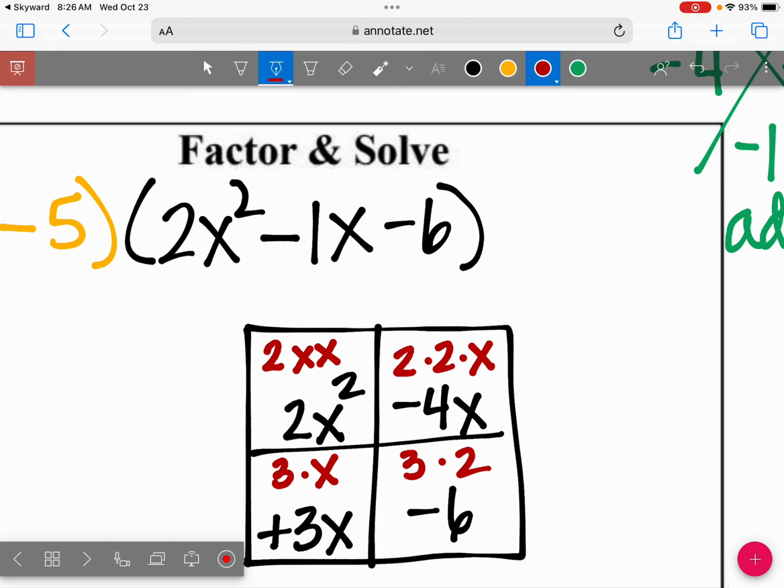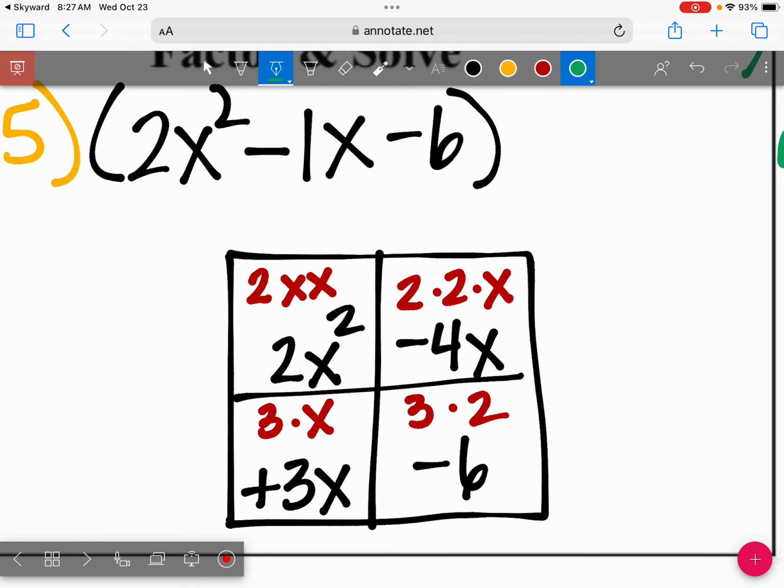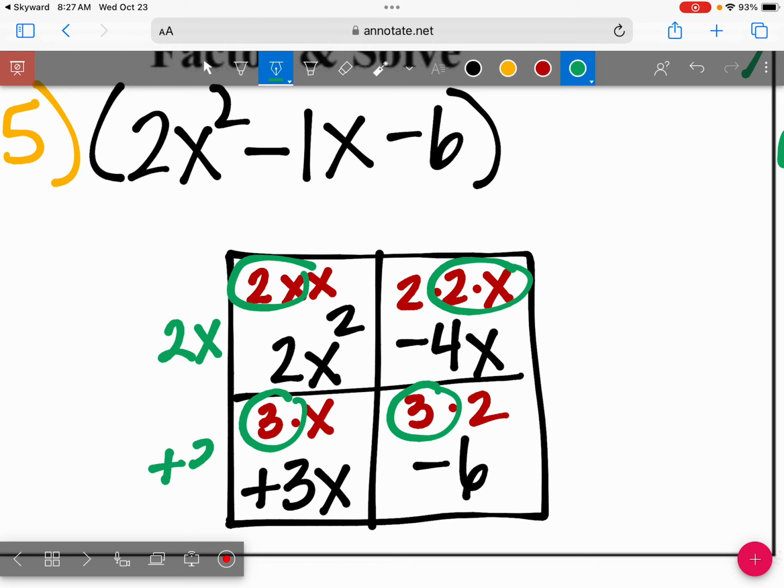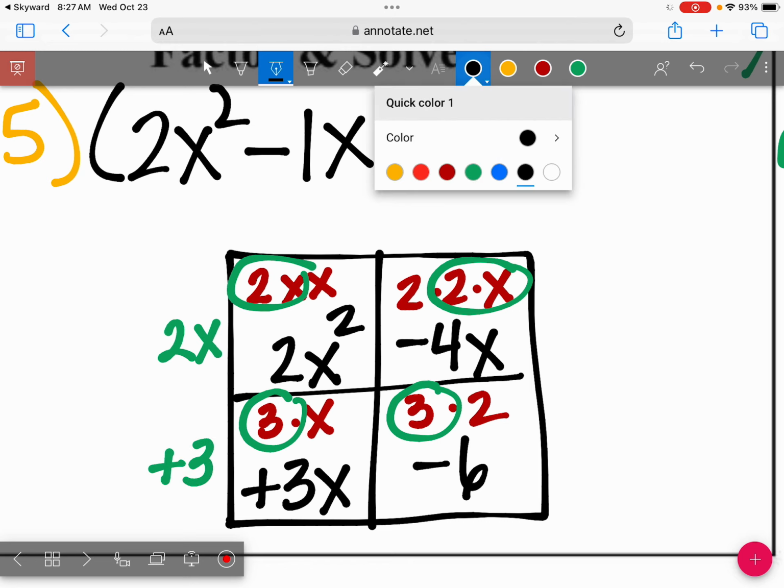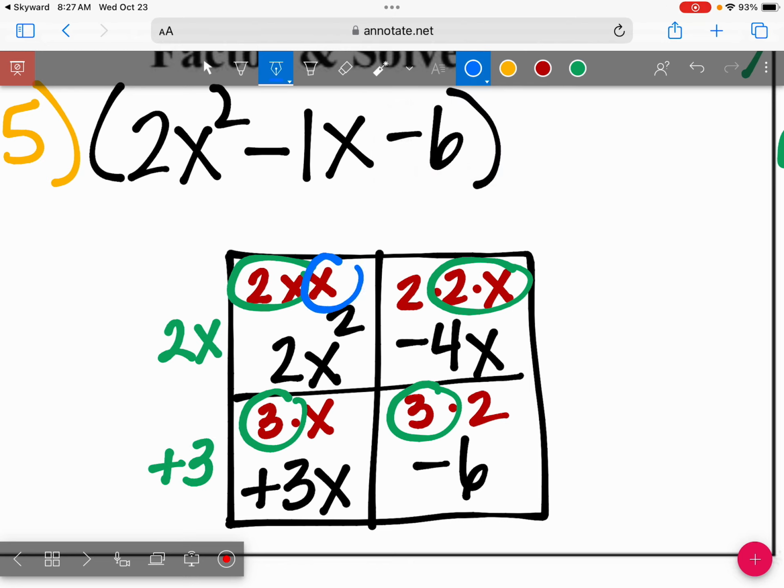And let's take out our GCFs. Both of these boxes have a 2x, so we can take that out. And these both have a 3. And then the only thing I have left is an x and a -2. It has to be a -2 because that's a -4.